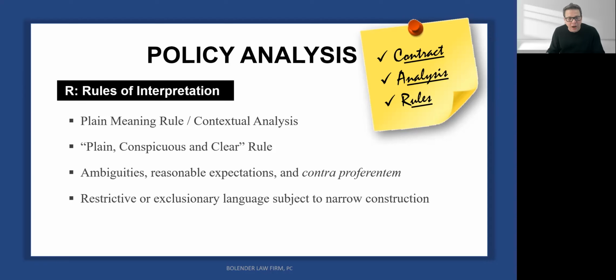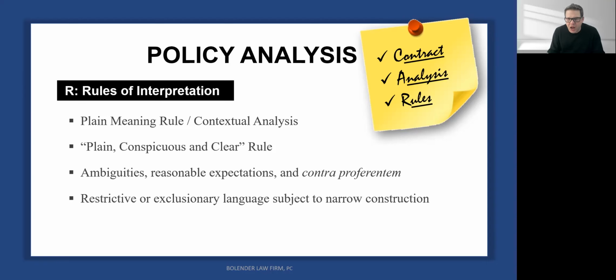Now, language will not be enforced, however, if it is not plain, clear, or conspicuously placed in the policy. If policy language is ambiguous, courts will usually find in favor of the policyholder, but not every time.